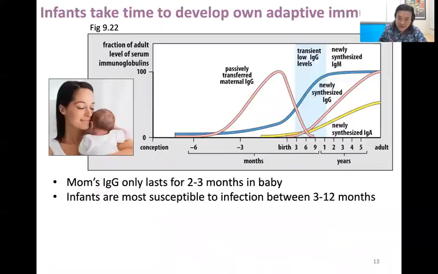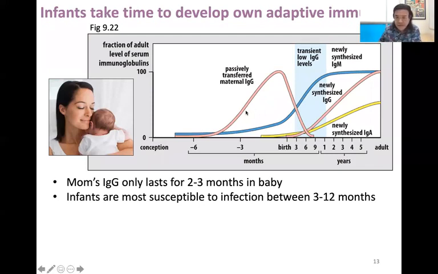But the problem is, this story is kind of bittersweet, because you are only passing on the immunoglobulins themselves. Where is the knowledge to make more of those immunoglobulins? That knowledge stays with the B cells that are in your body. So even though baby has high levels of IgG in the first few months after they're born, these proteins eventually wear out.